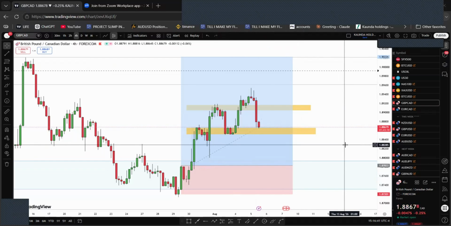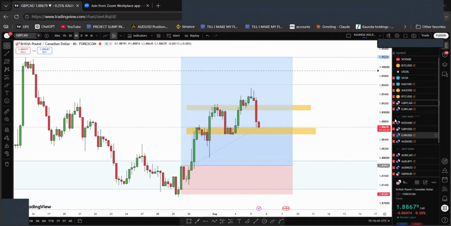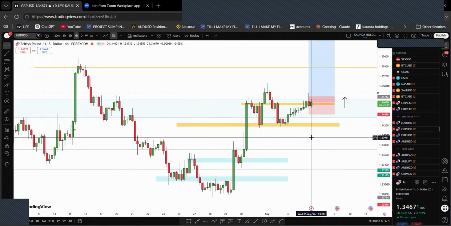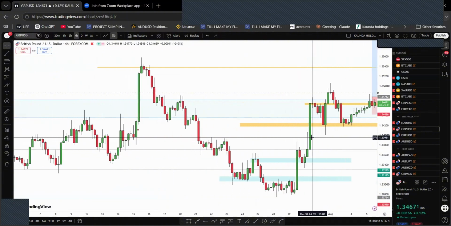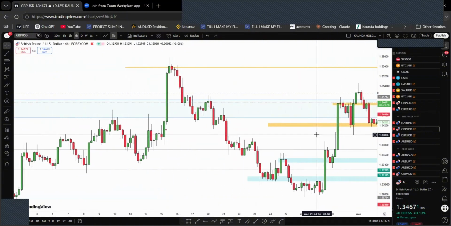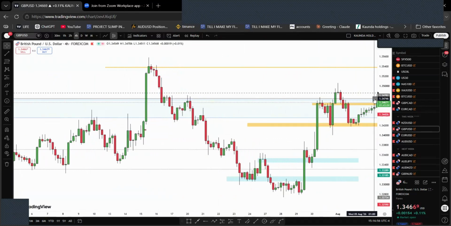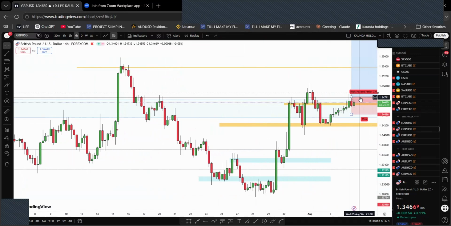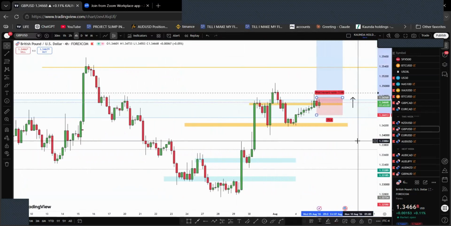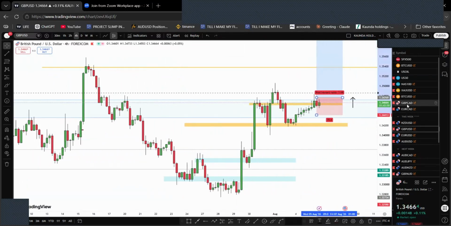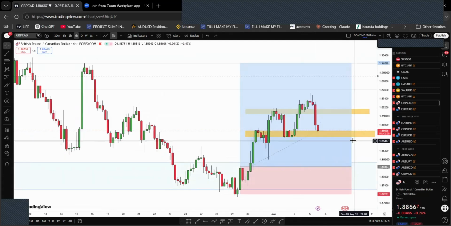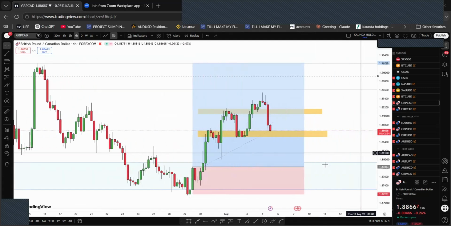If you've been following me, you can see that this setup is similar to what was happening here. GBP USD. See, price came back here, and I expected price to break above, and this is what price is doing now. You see. So it's the same thing, the same structure that price is trying to give here.